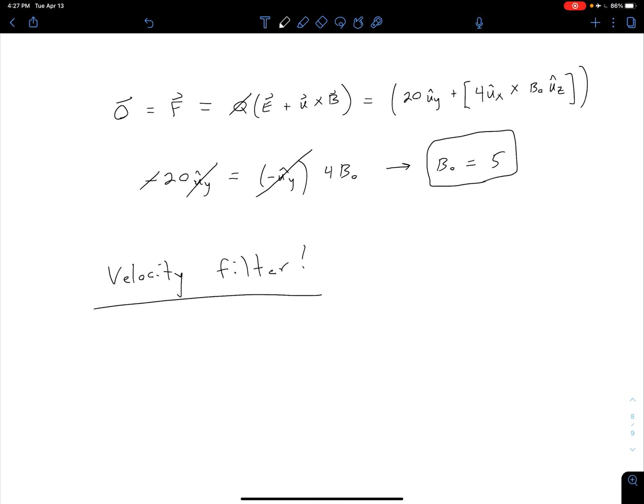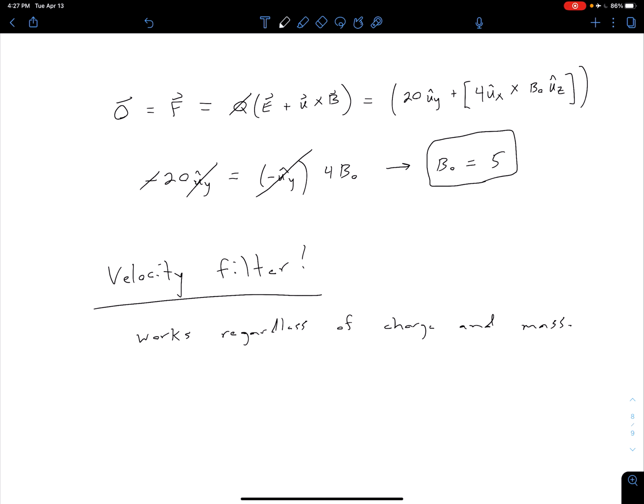What we've done is design this for a certain velocity, but of course we could go the other way and adjust our B and our E in order to filter for a desired velocity. As we touched on earlier, this works regardless of the charge and the mass of that incoming particle.